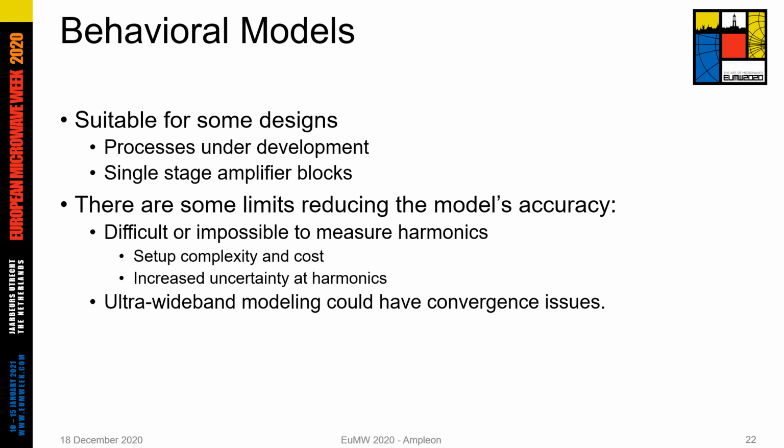The setups become very complex and very costly in terms of money and also time. There is also uncertainty and inaccuracy at harmonics. On the other hand, an ultra-wideband model could have some convergence issues in some simulations, like modulated signal or harmonic balance simulation.